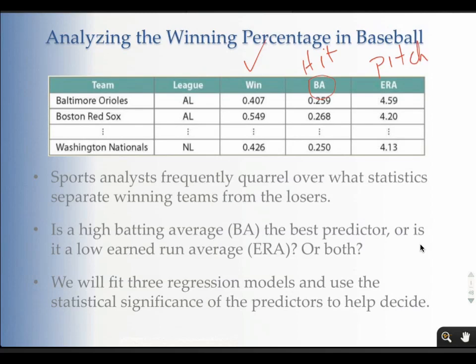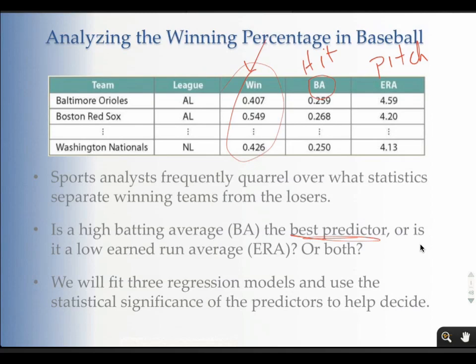So you have two different components of baseball. One is hitting, one is pitching, and we want to see if these have significant relationships to winning percentage, as well as we want to be able to predict each one based on that.